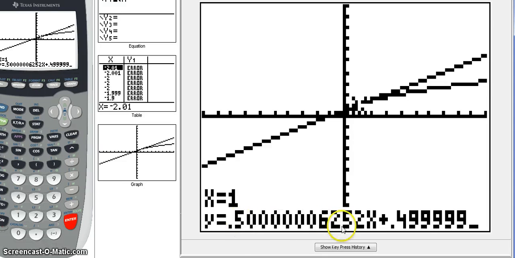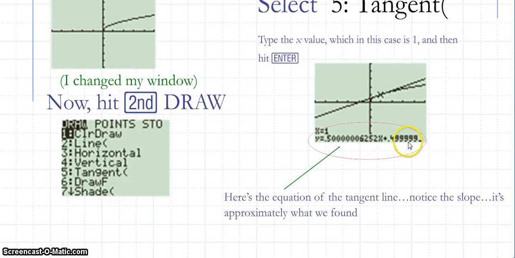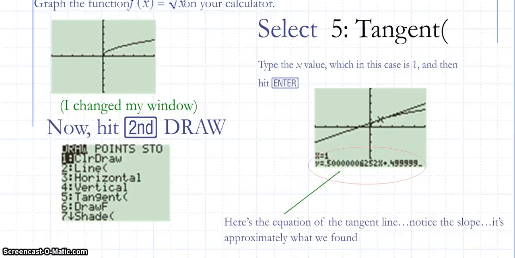So that's why it has all these decimal places, whereas we know it's just 1/2. That should be the slope. But that's what we calculated. And then we could have found the y-intercept also ourselves as 1/2 as well. So that's how you can do tangent lines with your calculator.